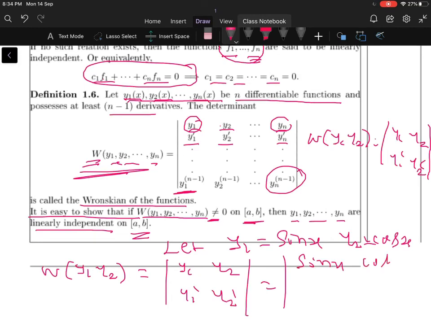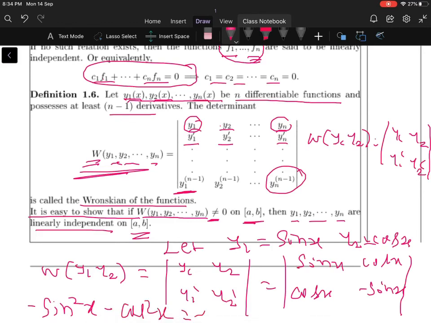So y1 is sin x and y2 is cos x. What is y1 dash? The derivative of sin x is cos x, and the derivative of cos x is minus sin x. Sin x times minus sin x gives minus sin square x, minus cos square x, which is equal to minus 1.